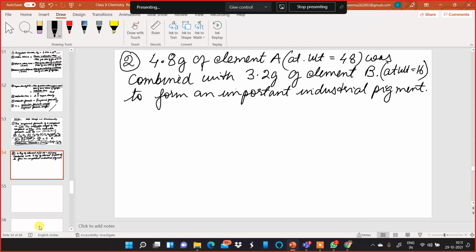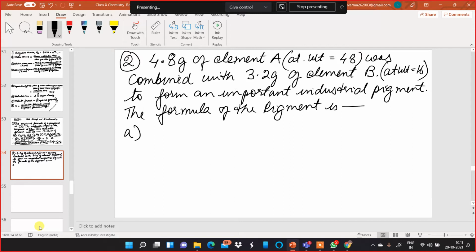Then the formula of the pigment is dash, and there are options given. Option A, the first option is titanium trioxide, Ti2O3.